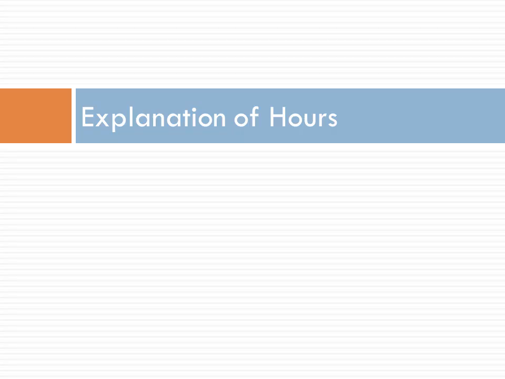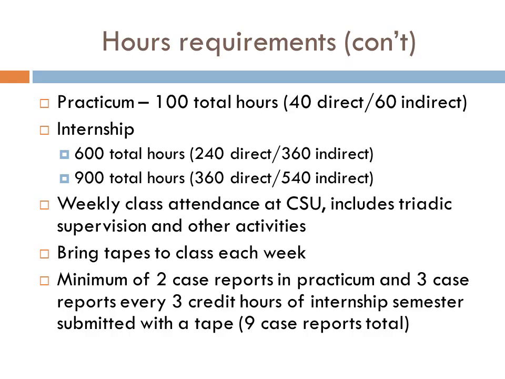So now I'll break down what direct and indirect hours you'll need for your practicum and internship experience. Many students wonder what's the difference between practicum and internship, and virtually there is no difference except for the number of hours that you're required to do per course. For practicum, you're required to do 100 hours, and of those, 40 direct, 60 indirect.